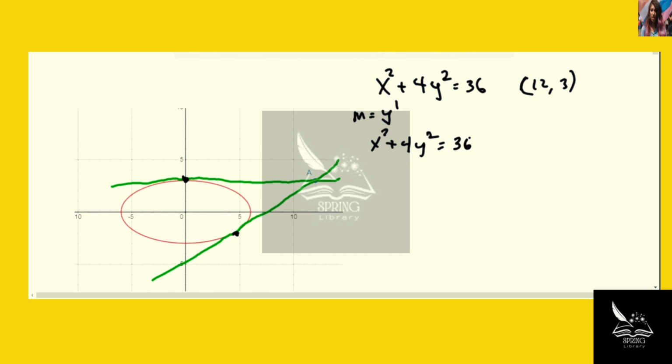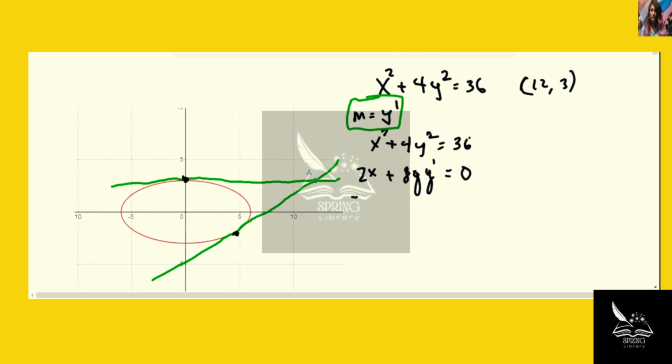All right, so the derivative of x squared is just 2x. The derivative of 4y squared is 8y, but then because it's with respect to y, we get a y prime, and then the derivative of 36 is 0. Now I want to solve for y prime because I want to find the slope, right? So I want to isolate y prime here.